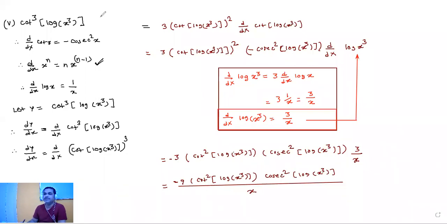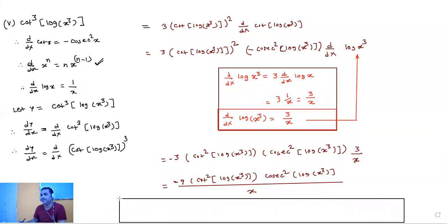So we'll give this answer in a proper bracket here. We'll write the answer in bracket in a way of proper representation. In the examination also you need to mention properly in bracket.